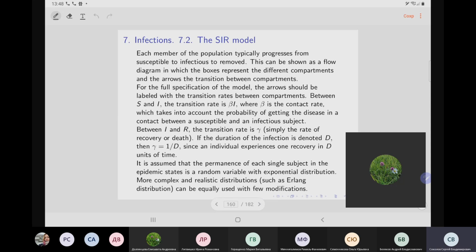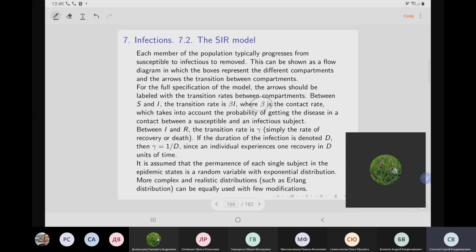So a few more words about the coefficients. So far, every member of the population typically progresses from susceptible to infected and to removed. There is the transition coefficient, beta, as the contact rate.